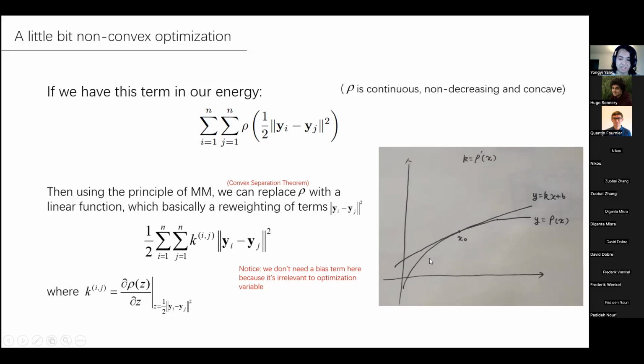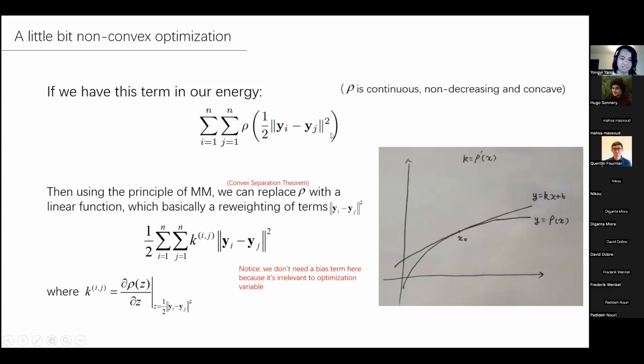This means at each iteration step, we can change the rho function to an affine function, kx plus b. But we don't need b here because the bias term is irrelevant to the optimization variable, so it does not change the optimization problem. We only keep k.